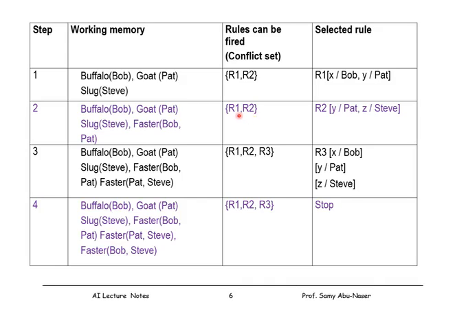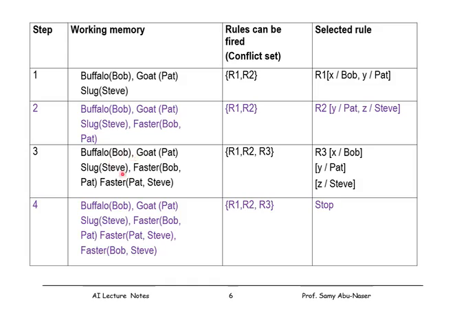We took rule 1 before, we don't take it again, so we take rule 2. We substitute Y for Pat and Z for Steve. Execute R2. The old facts are buffalo Bob, goat Pat, slug Steve, faster Bob and Pat. The new thing is faster Pat and Steve. Pat is faster than Steve.